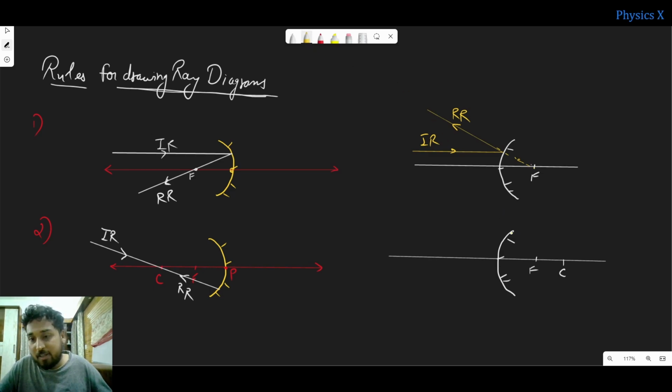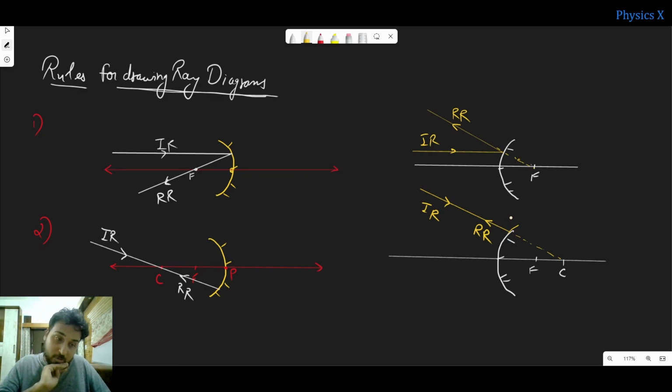So if a ray is incident in line with this, such that it appears that it will be passing through the center of curvature, what will be happening? You will observe that the reflected ray is also coming from the center of curvature.